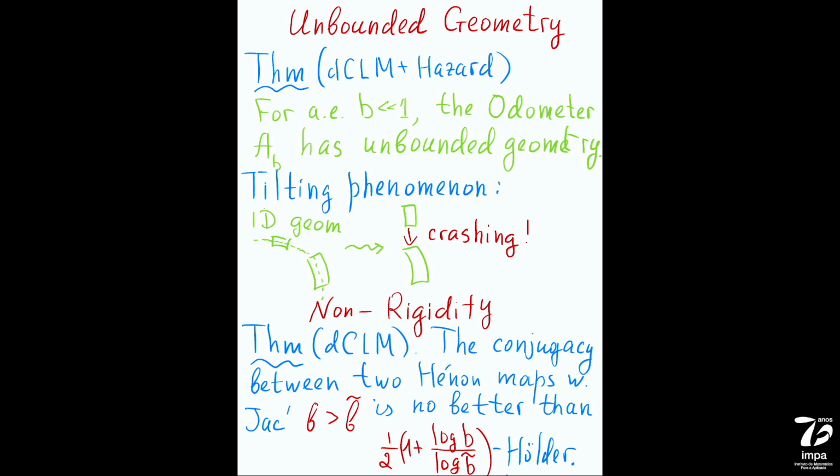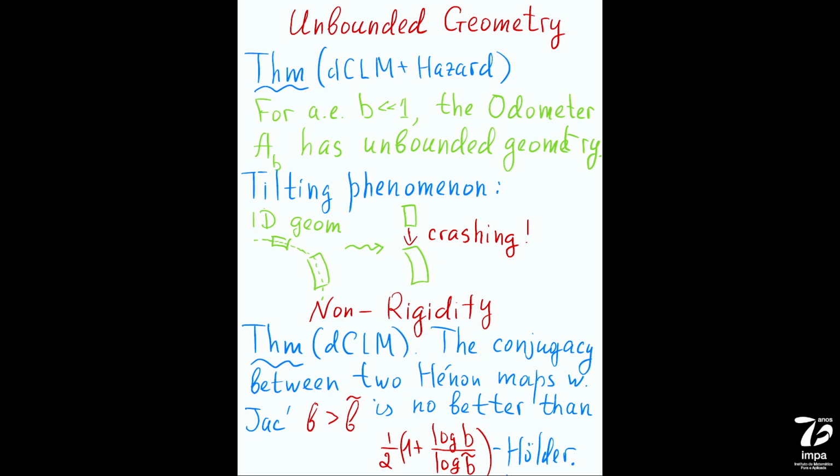Moreover, in the one-dimensional situation, we have this parameter rigidity: different odometers are smoothly conjugate. Here they are not. If we change the Jacobian, then the geometry of the set will change, exactly for this reason, because different Jacobians affect geometry in a different way.